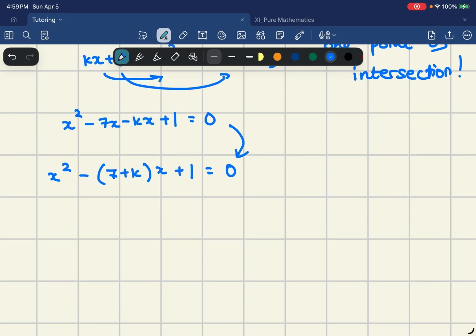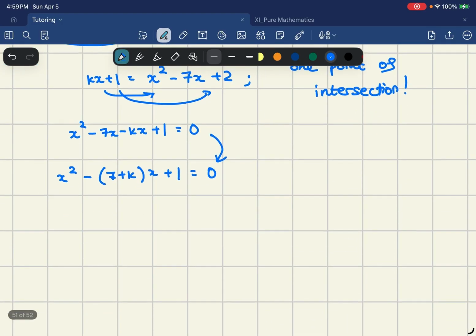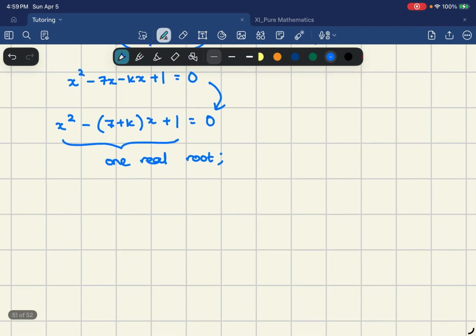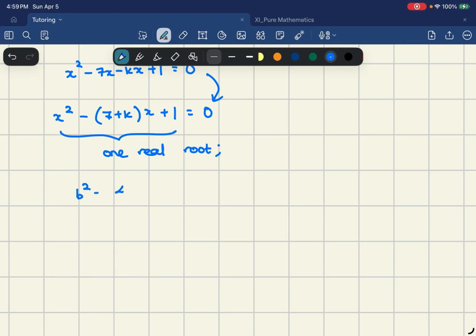So now, because we only want 1 point of intersection, this quadratic equation must only have one real root. And if you remember, the discriminant b squared minus 4ac must be equal to 0 for this condition. So now we just use that condition. Minus 7 plus k, squared, minus 4, where a is just 1 and c is just 1, should equal to 0.